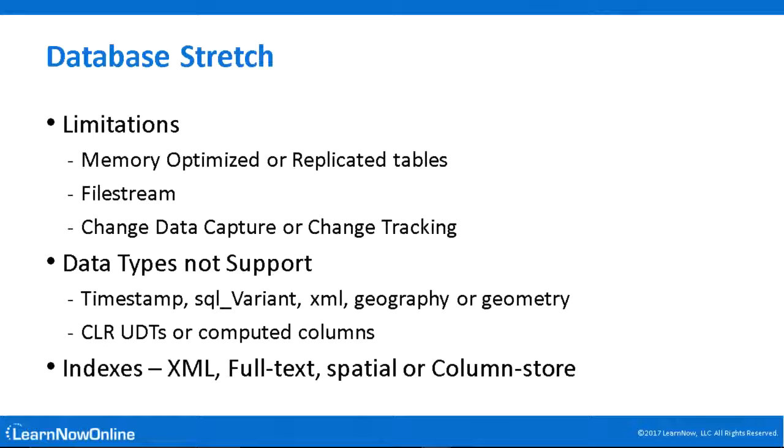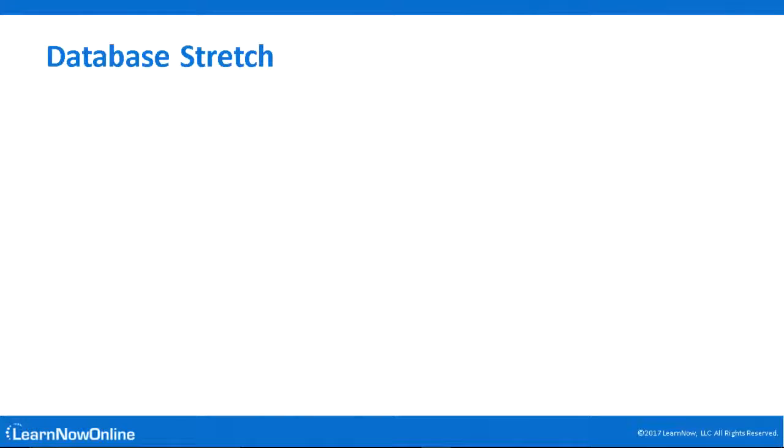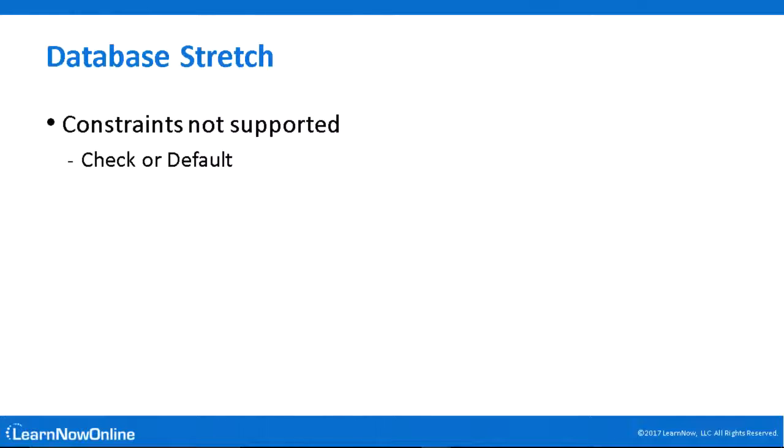This stretched database might be more relevant to an OLTP rather than an OLAP type database where you would use column stores. There's also some constraints that are not supported. A check constraint on a column or a default on a column might not be supported, and your table will not be able to be stretched. I would look for these to change in future releases of SQL Server.